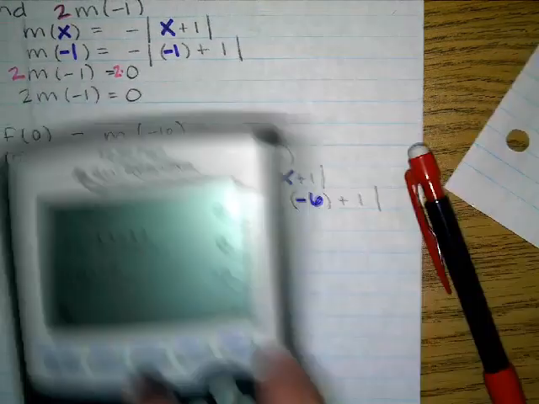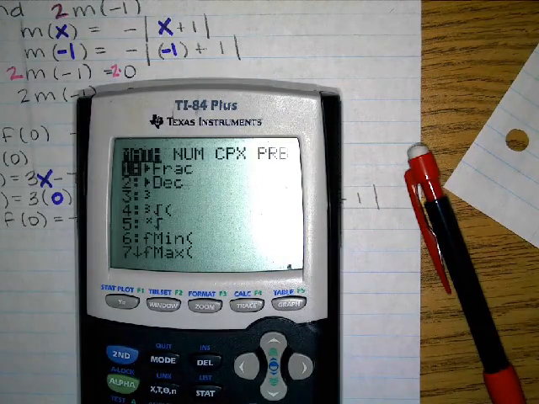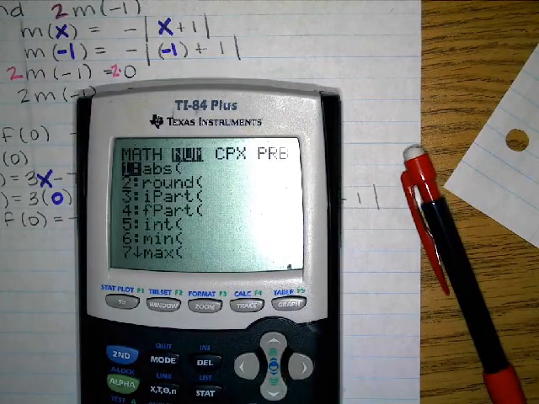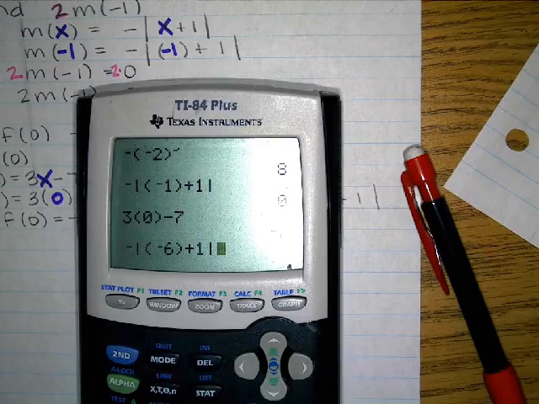So I hit math, go over to number, option number 1. So negative absolute value of negative 6 plus 1. And I get negative 5.